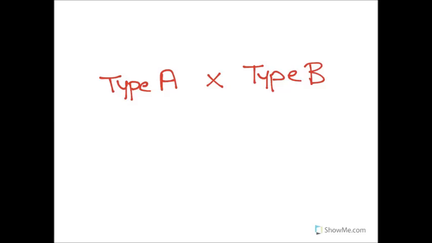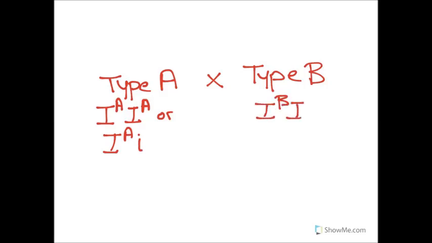This parent who is type A could be this, or they could be that. And the type B parent could be this, or they could be that, to get the blood type.